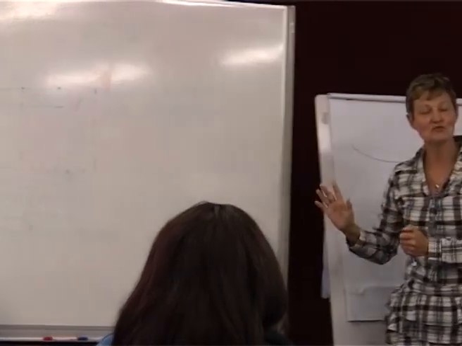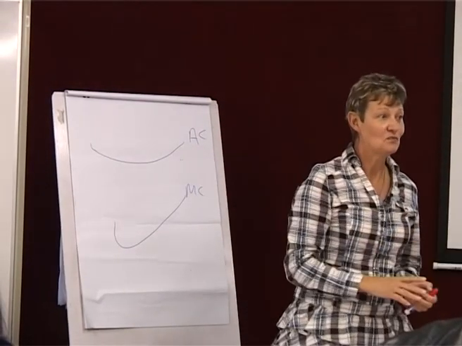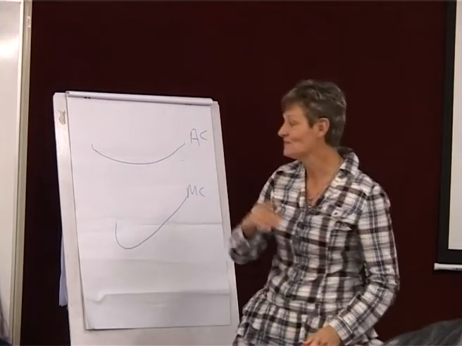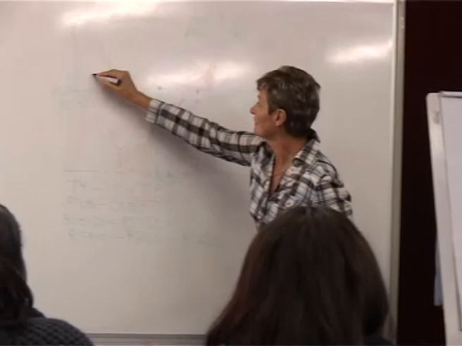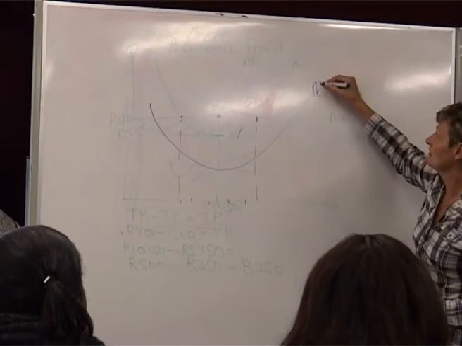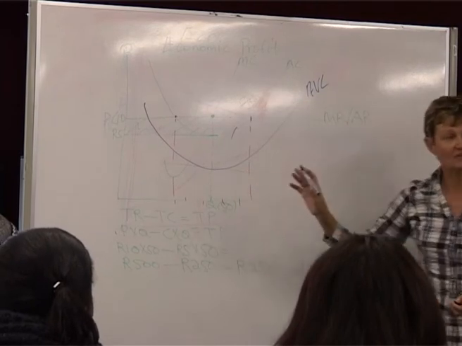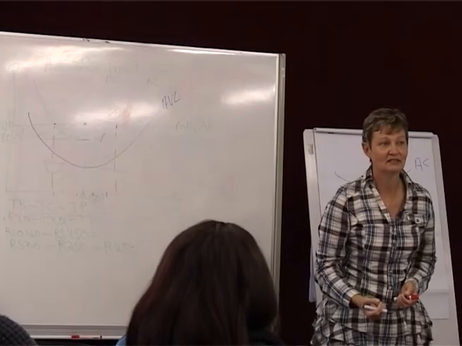In classes where the learners are really very weak, I tell them, just know that, it's fine, and then you will get your marks. But what we need to put in extra is the average variable cost. That's not always on the graph, but if it is, it's just to get the closing down point.